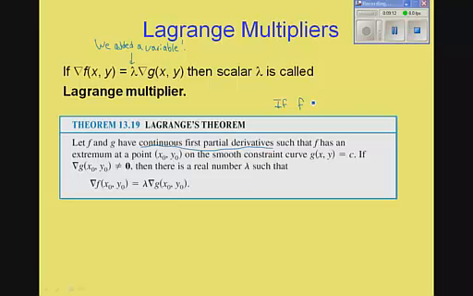If f has an extremum, then we're going to have this equation: the gradient of f evaluated at x naught, y naught has to be lambda times the gradient of g evaluated at that point.